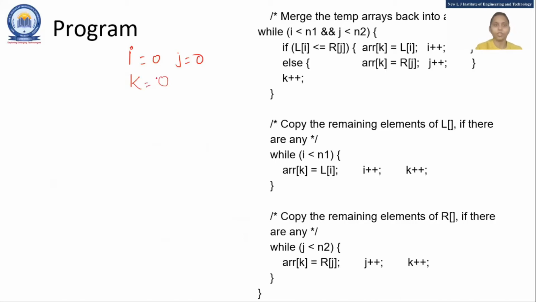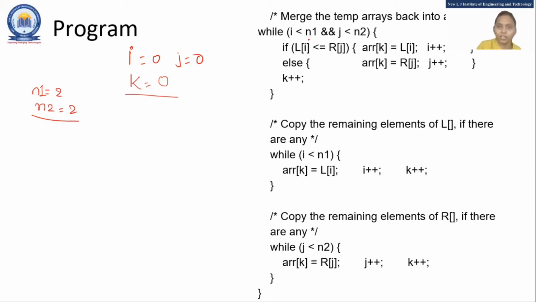Right. I, J, and K all are at place 0. Now, N1 is 2, and N2 is 2. I'm just writing all these things so I don't have to move forward and again.